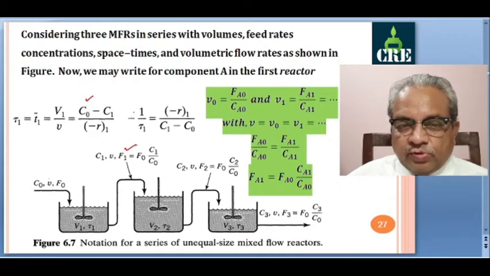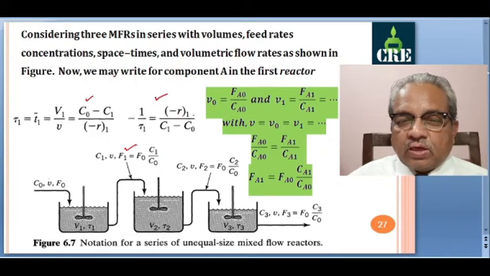So we can rewrite this: if you invert this and change the minus sign, take it outside and write it as C1 minus C0, and transfer that minus sign to the other side. So we get minus 1 upon tau 1 is equal to minus R1 divided by C1 minus C0.